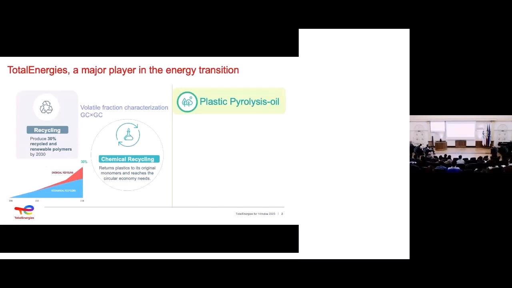Inside this number, we have chemical recycling such as pyrolysis. Pyrolysis returns the polymer to its original monomer and can meet circular economy needs. My project is here to try to understand the composition of this plastic pyrolysis oil by GC.